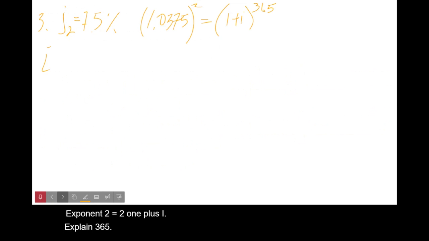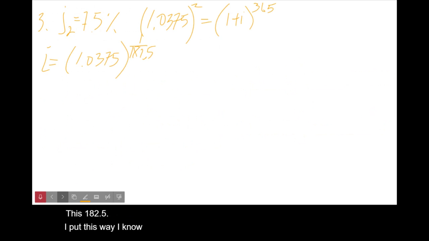So I is 1.0375 exponent 1 over this, 182.5. I put it this way. I know it's not a proper fraction.